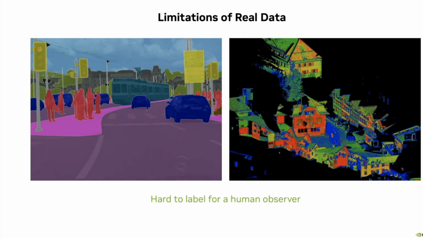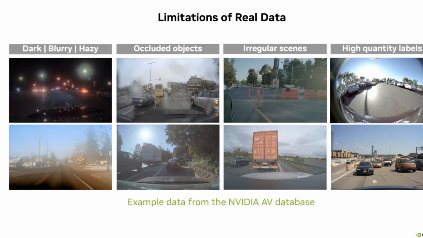You can have small objects, overlapping objects, just lots of objects, and your hands might be shaking. So it's really hard, for example, if you want to segment your scene for segmentation tasks. And when talking about LiDAR and radar point clouds, it's even impossible to do this on this data structure. So there are many challenges associated with real data, not even mentioning that collecting real data also costs a lot of effort in terms of time and money.